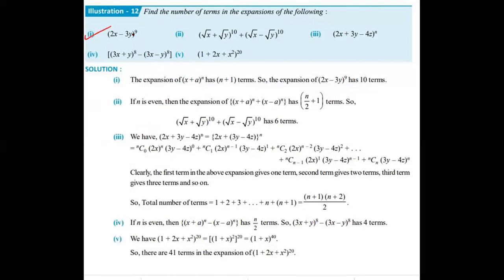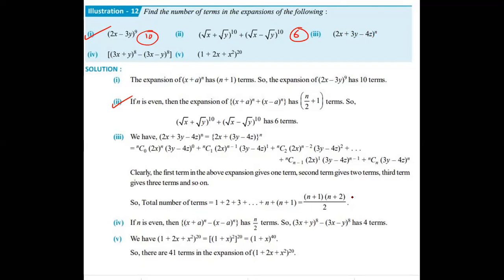Number of terms, how many are there? Question number 2. What is the formula? Power is even means, here see. Power is even means what? n by 2 plus 1. So there are how many terms are there? 10 by 2, 5. So there are 6 terms are there. What about third one? Number of terms.